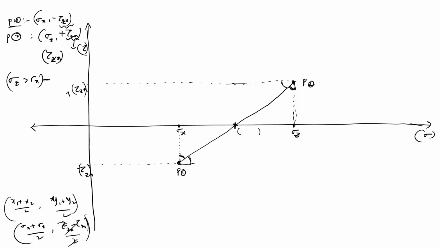Wherever the y coordinate is 0, that is the center. So the midpoint is nothing but the center, and it lies on the x axis, coinciding with the intersection of the line and the axis. This is sigma x plus sigma z by 2. So you know the center and the end points, so you can draw the circle. How do you complete the circle?